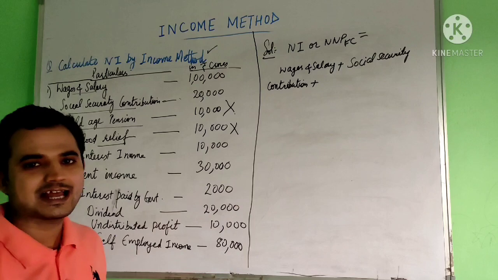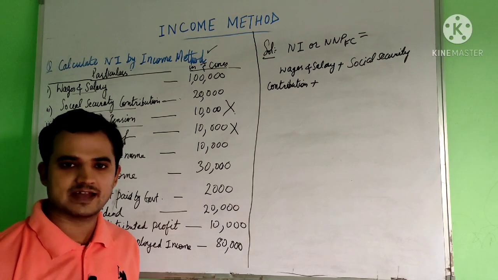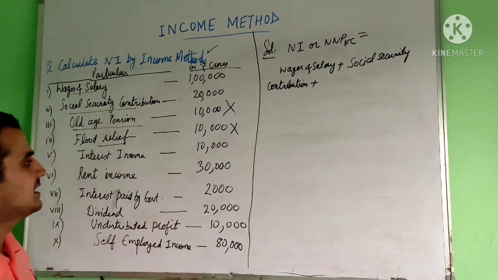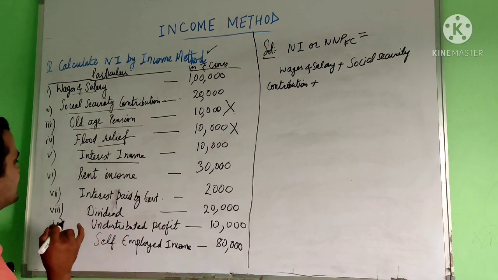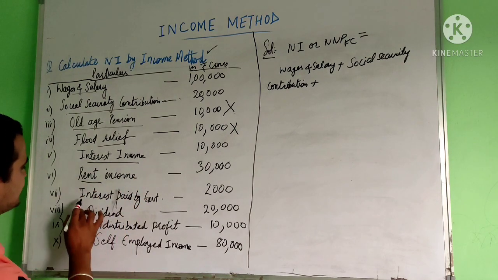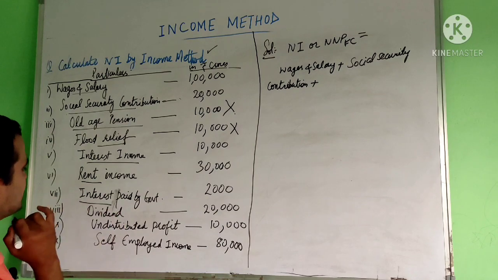We are calculating national income by factor income method, or say income method. Then interest income comes in operating surplus: interest income, rent income, interest paid by government.